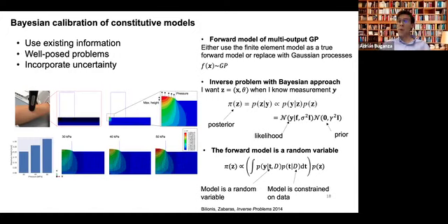The Bayesian way of posing this is I actually want a posterior distribution of the parameters, given that I can evaluate a likelihood, which is the probability that I see the measurement given my choice of parameters, times a prior distribution over the parameters. This is very important because if you have information from data that you have collected before, you should use that information. You shouldn't start from scratch.